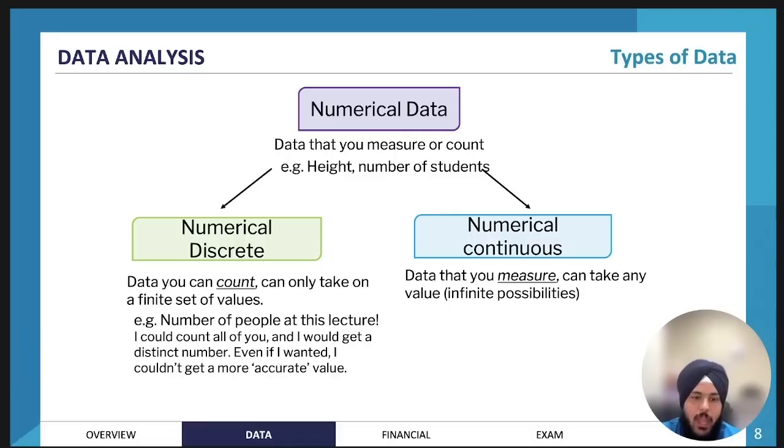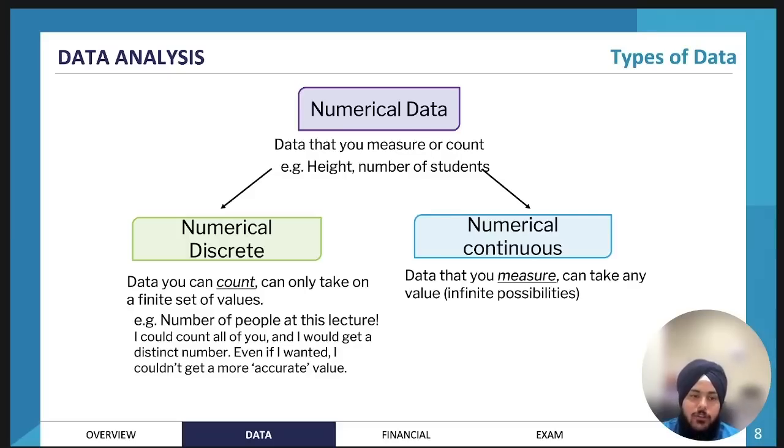Numerical continuous variables, however, are usually variables that you measure. For example, the height of all the students attending this lecture would be a continuous numerical variable, because I would have to measure the height. I can't count the height.